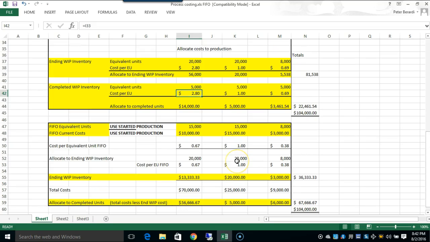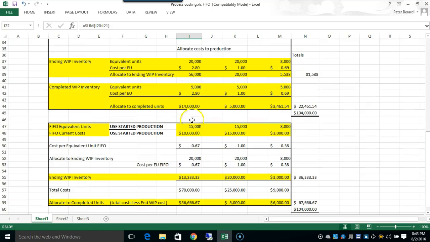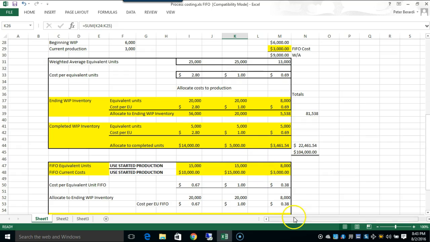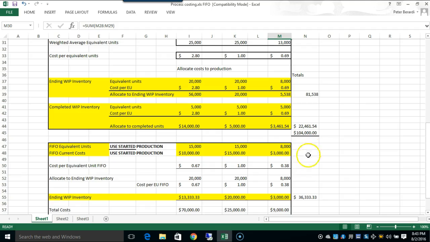Under the FIFO system, we do not do that step. All we do is very simple. Once you get the ending WIP inventory valuation, take the total cost, which is 70,000, 25,000 for direct materials, and 9,000 for conversion cost.